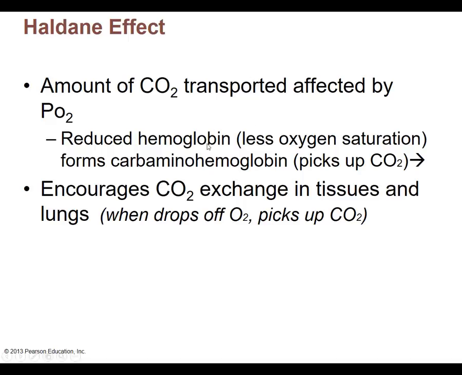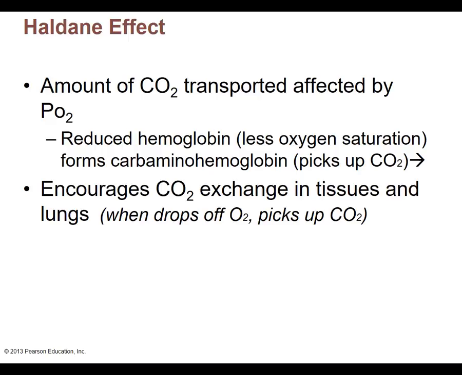If you have less oxygen, so it's the reduced hemoglobin, not all four heme groups are holding on to an oxygen. If the hemoglobin inside the red blood cell isn't picking up as much oxygen, it can also pick up carbon dioxide. Again, not all carbon dioxide is transported in the body as bicarbonate.